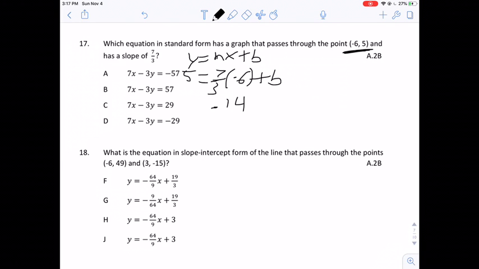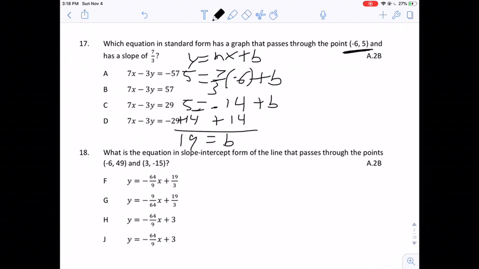Okay, and 5 equals -14 plus b. I'm going to add 14 to both sides, and it happens that b equals 19. Make sure that I get that 19.